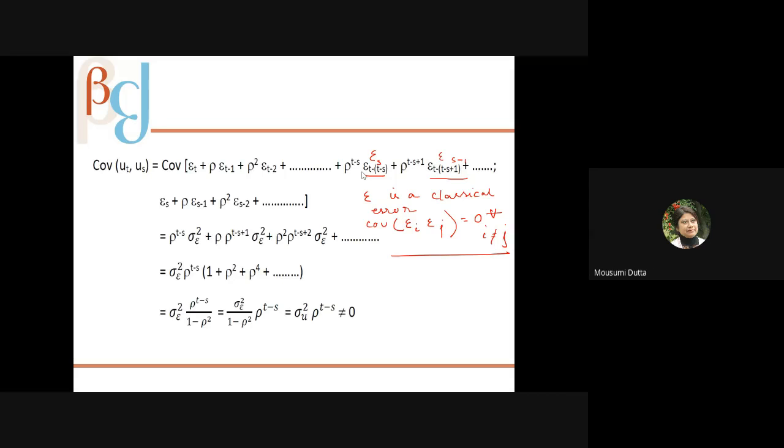Covariance between the two same variables basically gives us variance, because we are considering epsilon S squared. Now it is a classical error, so the variance will be nothing but sigma epsilon square. So it is rho to the power T minus S sigma epsilon square.